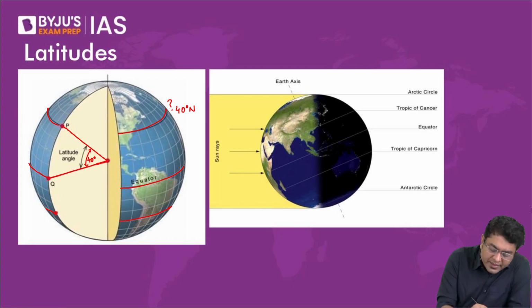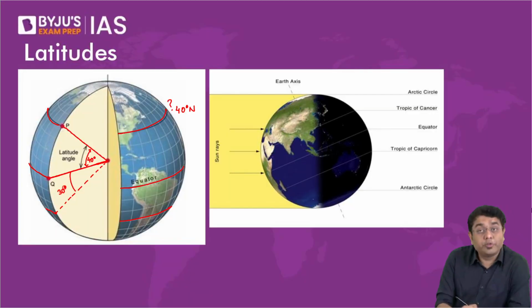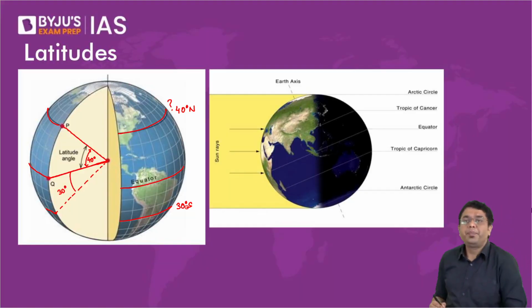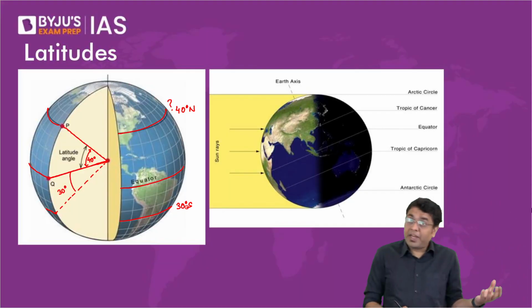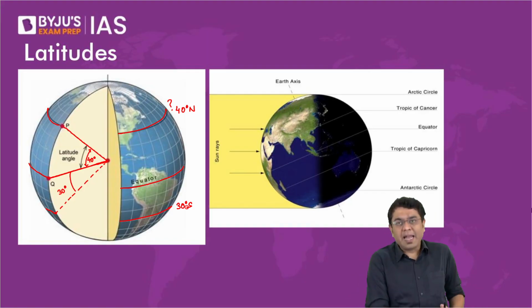I will draw an imaginary line joining this latitude that I have to measure to that center. I will measure the angle. Let's suppose this angle is 30 degrees. It is to the south of the equator. So this will be 30-degree south. So that is how you give the measurement to the various latitudes.